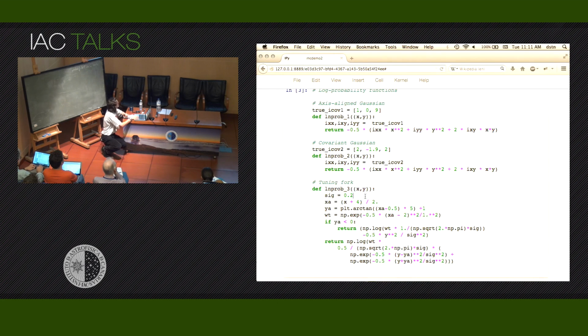And okay, so this is the tuning fork one. It's basically just a Gaussian, and the shape of the two branches is this arctan.